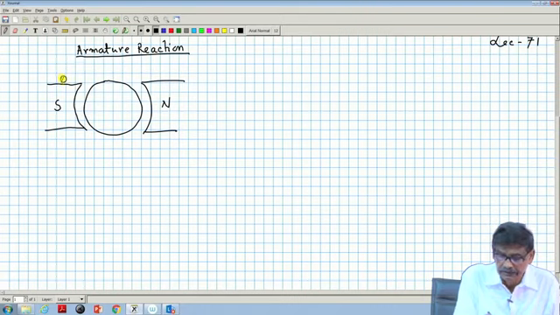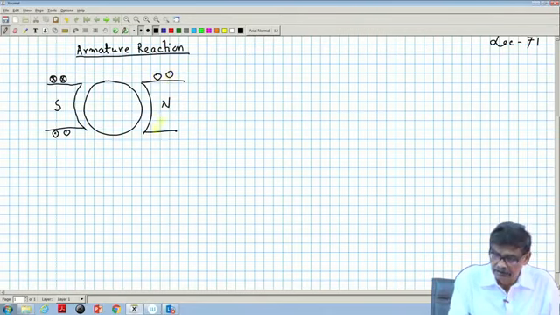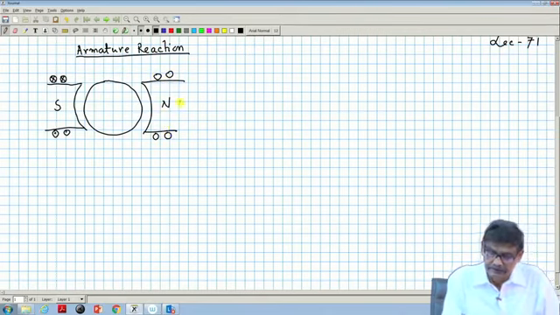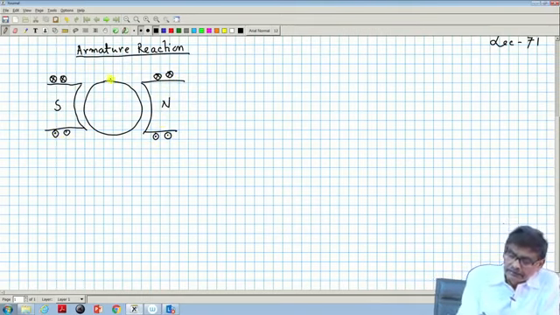This is the symbolic representation of field coils, sectional view. These field coils carry direct current called field current, shown as cross and dot, and they are connected in series.